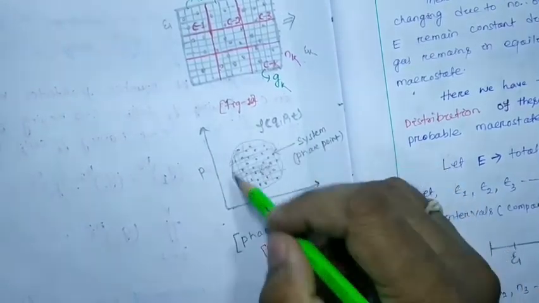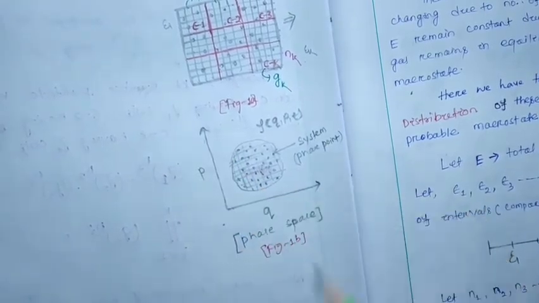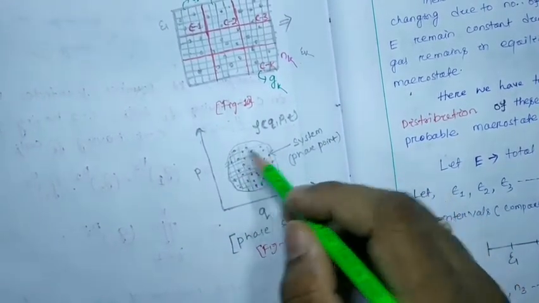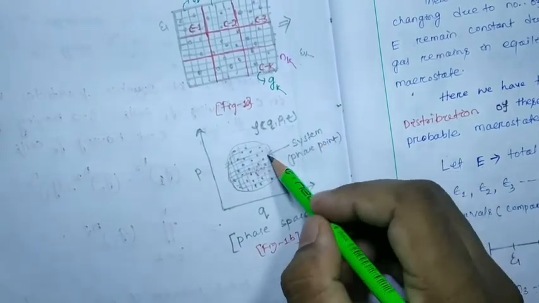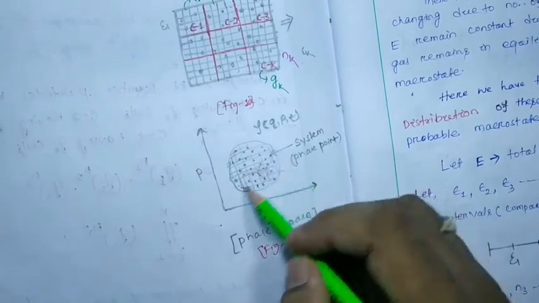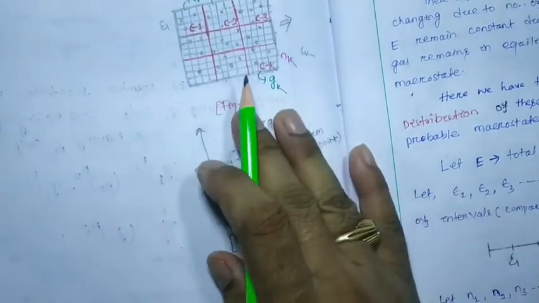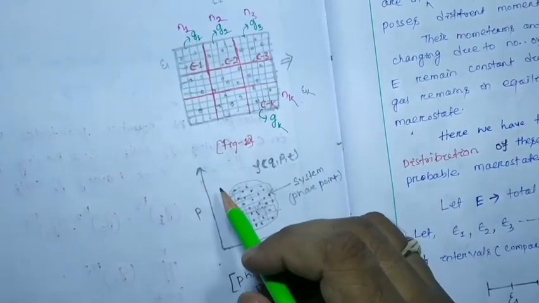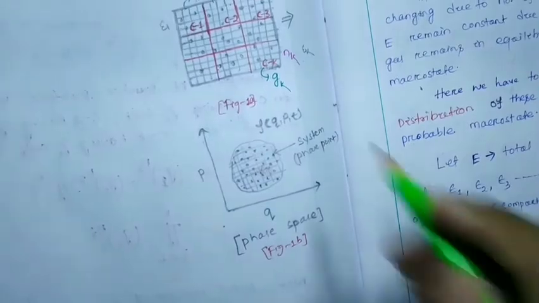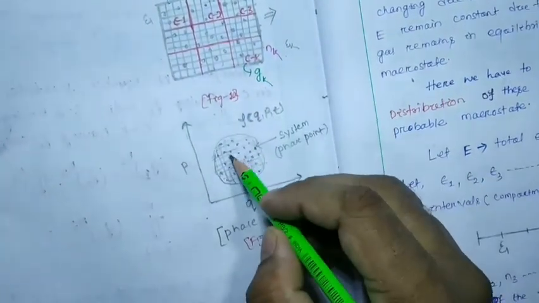This is the phase space q-p. In the phase space, the point is nothing but the system, called the phase point, equivalent to a gas molecule inside a container. These are the gas molecules, but these are the phase points.